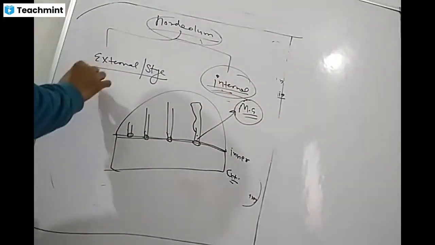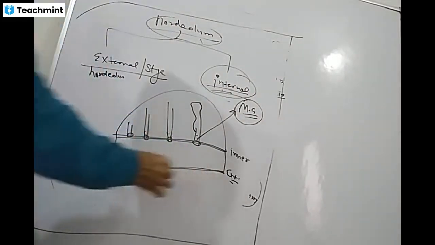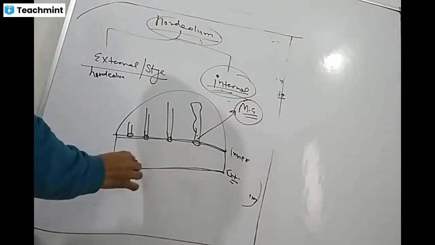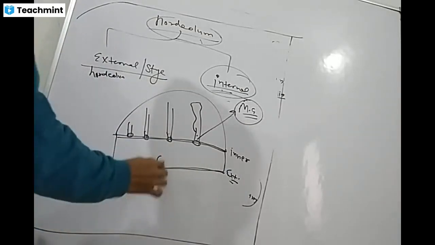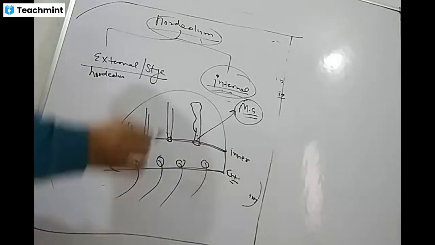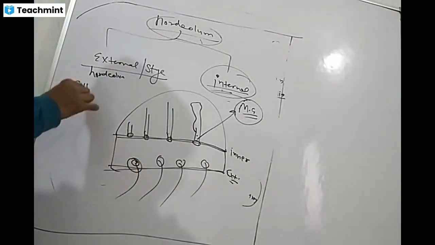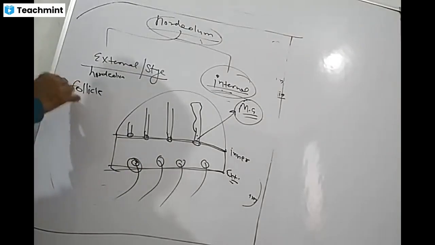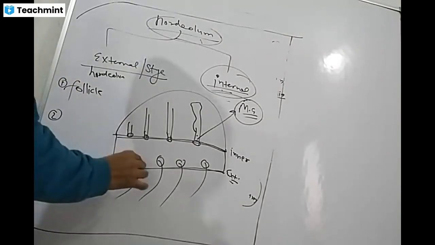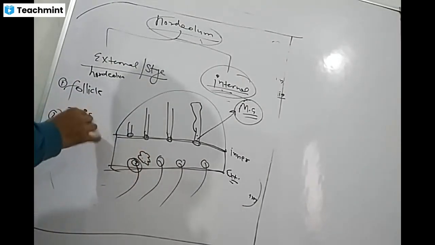What is external hordeolum? This is the external margin. What structures are present there? Follicles with their hairs. When there is infection of follicles, number one, and second, infection of the nearby gland, which is the gland of Zeis.